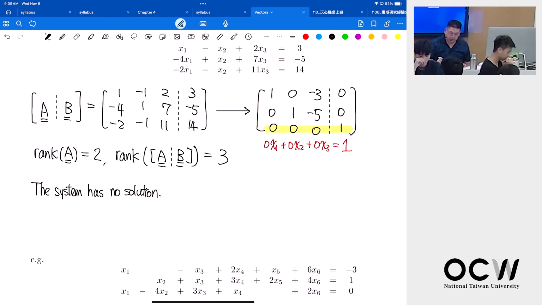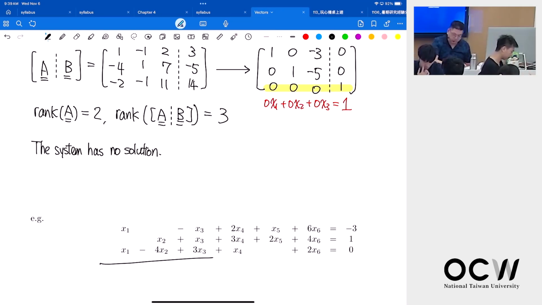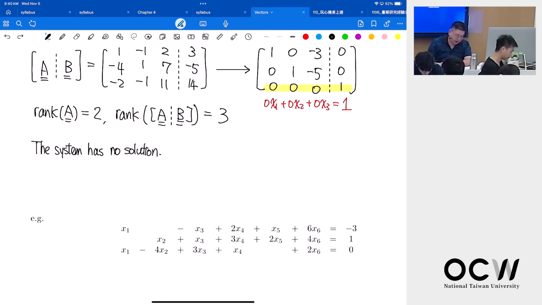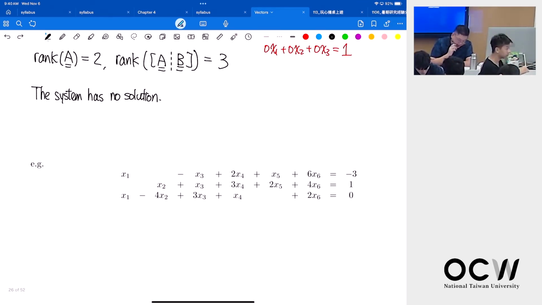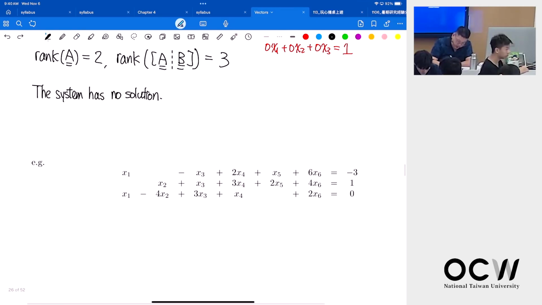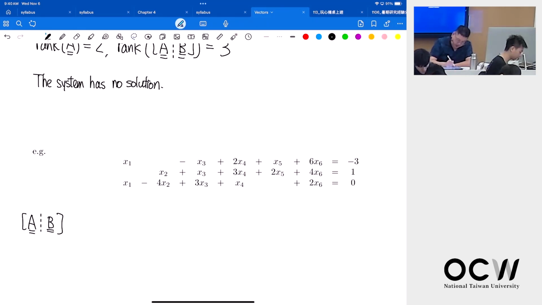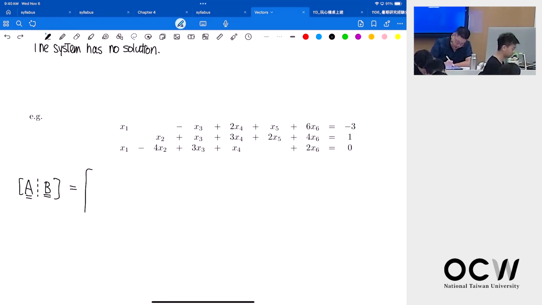Next one. First is routine work. Instead of just writing down the A matrix, we can write the augmented matrix A and B. This matrix is 1, 0, 1, 0, 1, minus 4, minus 1, 1, 3, 2, 3, 1, 1, 2, 0, 6, 4, 0.